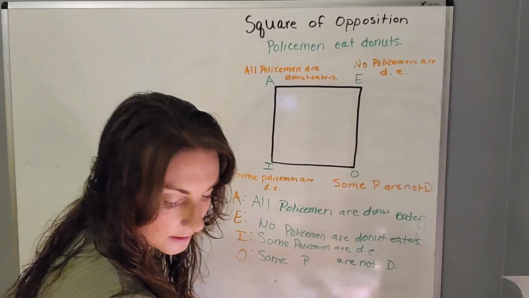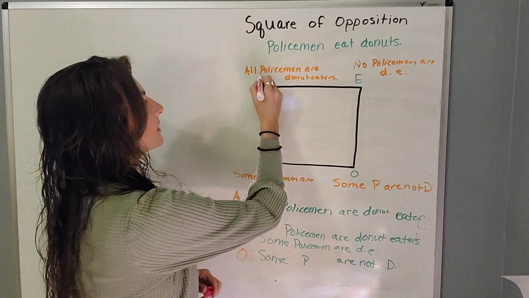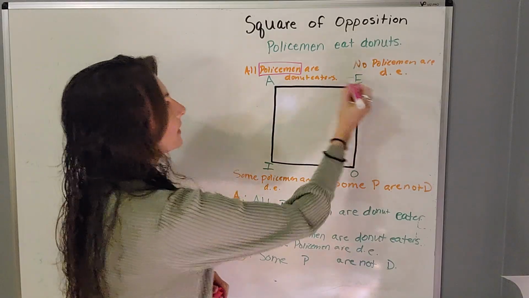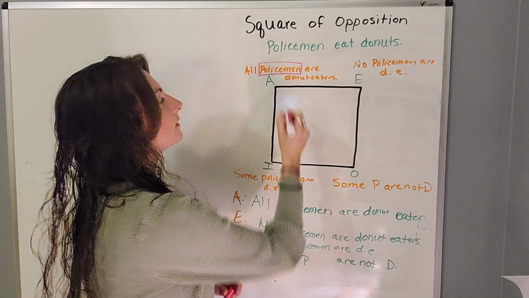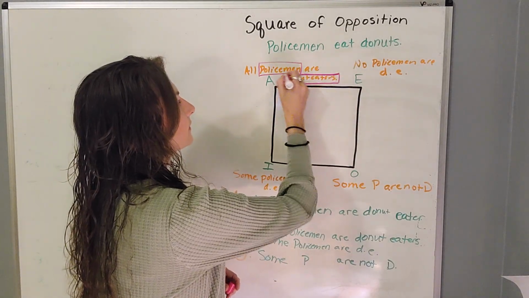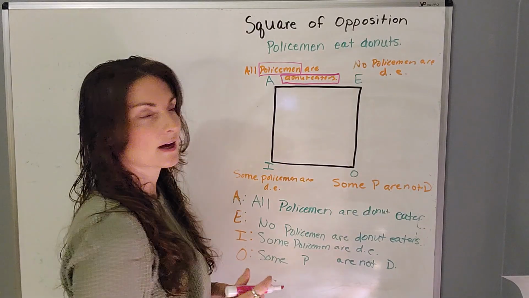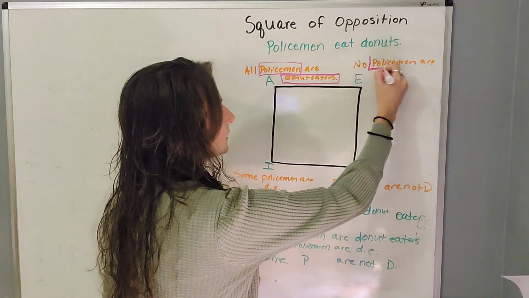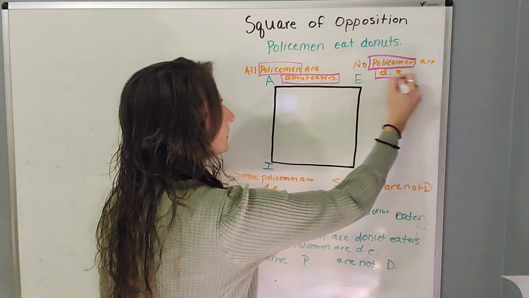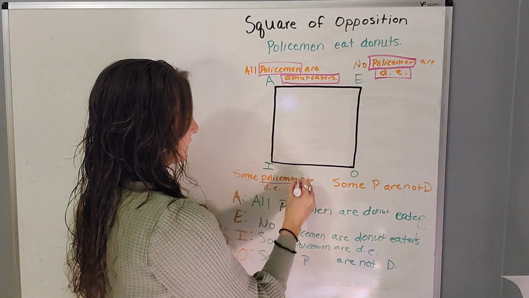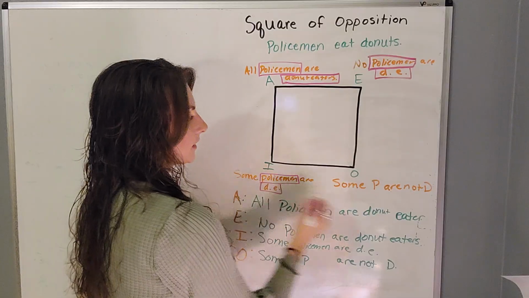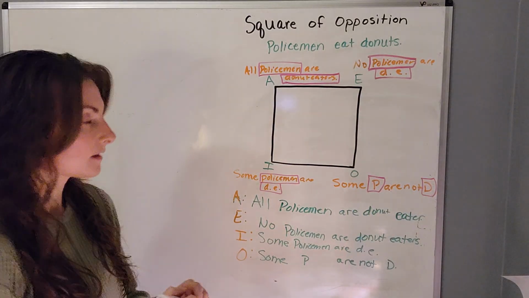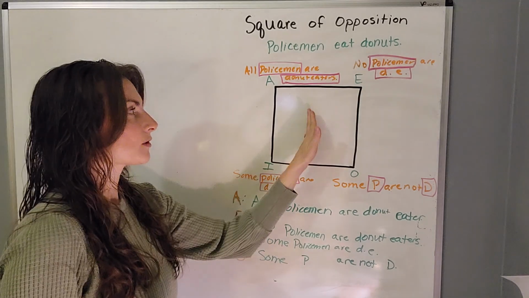So, if you notice, I actually circled this in. Policeman is our subject class. Donuts are our predicate class. So we clearly are talking about policemen and donut eaters. P, D.